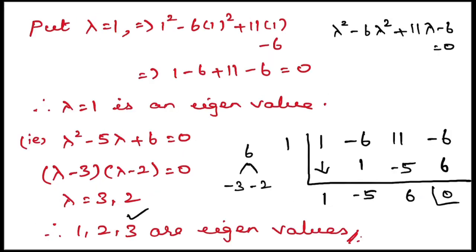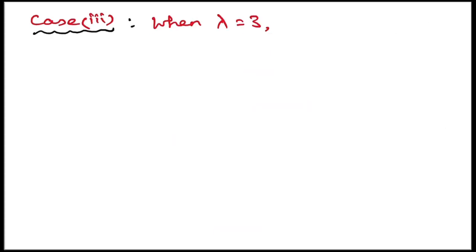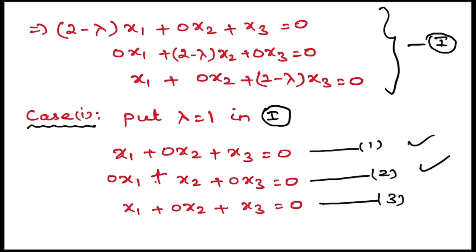Next, use the third eigenvalue to find the eigenvectors. That is case 3 when lambda is equal to 3. So in the equations represented by I, substitute lambda is equal to 3 and write the 3 equations. The first equation is 2 minus 3 into x1, that is minus x1 plus 0 x2 plus x3 is equal to 0.